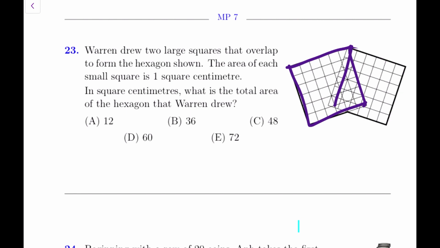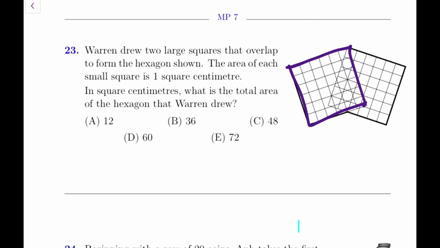Now remember, this is not a regular hexagon. This is just a shape with 6 sides. Let me draw it for you so that you can see it clearly. First side, second, third, fourth, fifth, and sixth. So this is the hexagon that he has managed to draw using the 2 overlapping squares.